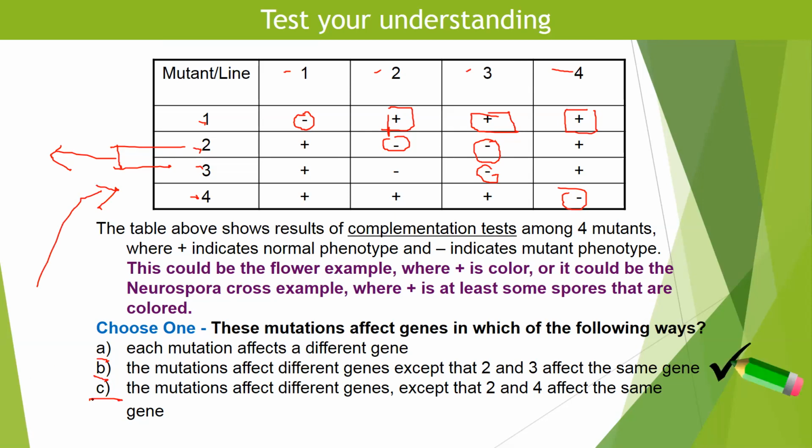In this one, of course, based on the data, we can say the mutations affect different genes, except that number 2 and number 3 affect the same gene, right? That's why they cannot complement each other if you do the complementation test using these two mutant lines. All right.